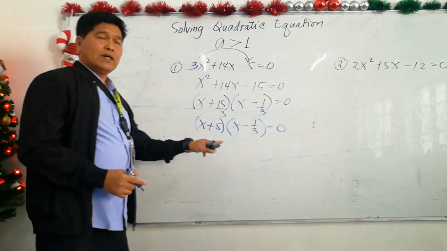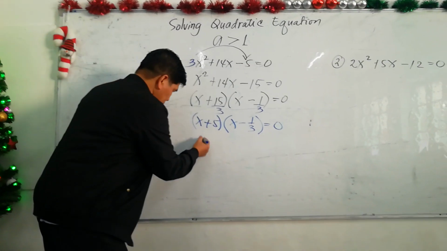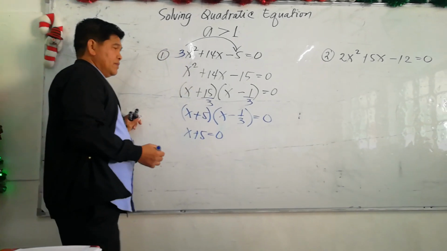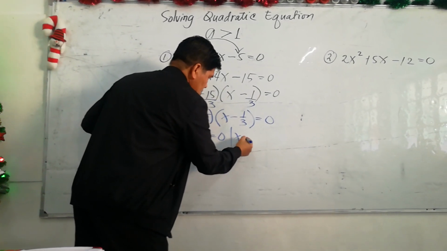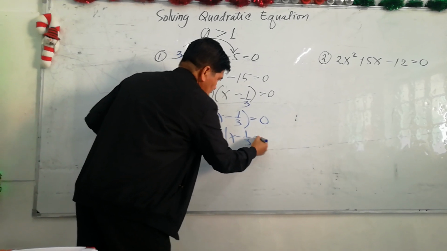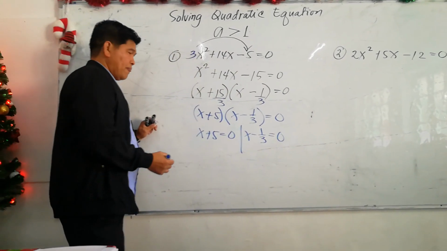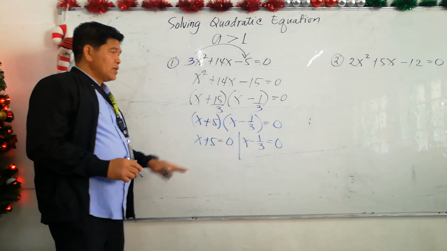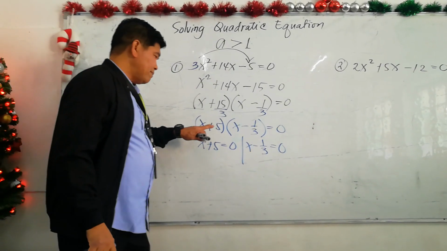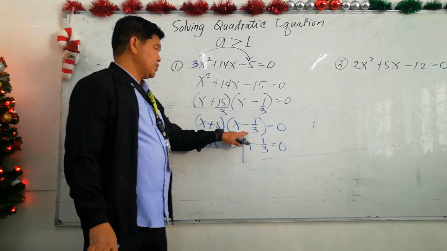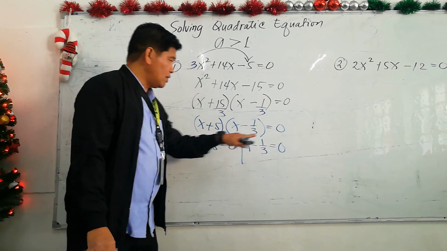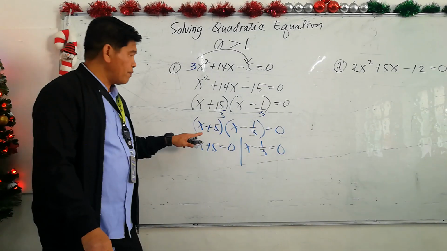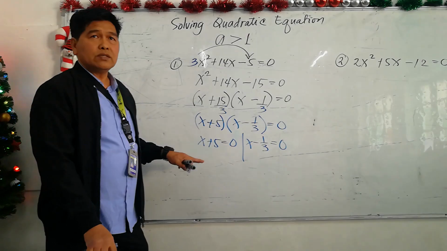Equating each factor to 0: x plus 5 equal to 0, then x minus 1/3 is equal to 0. That is applying the zero product property of real numbers. If the product of these two expressions is equal to 0, then one of these two is equal to 0 or both factors are each equal to 0.